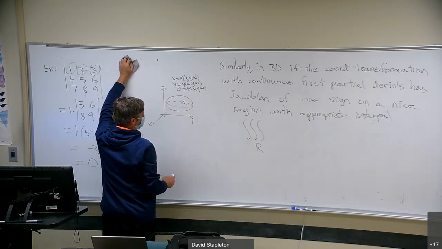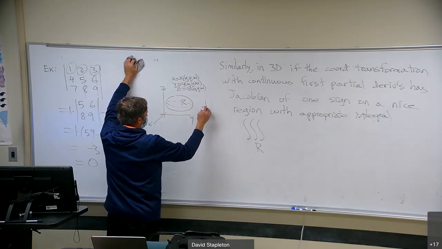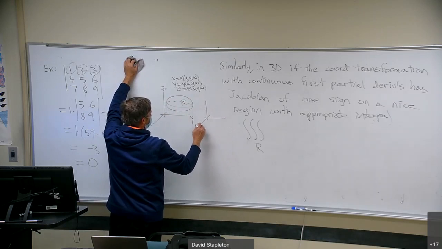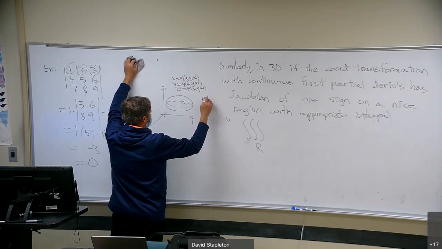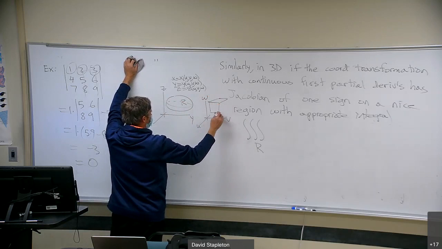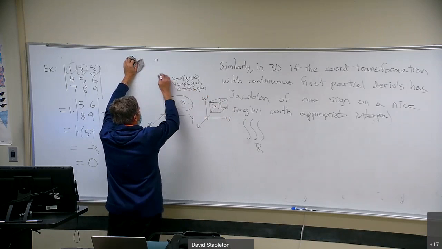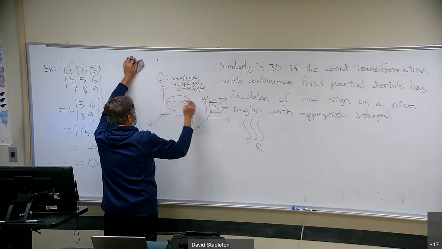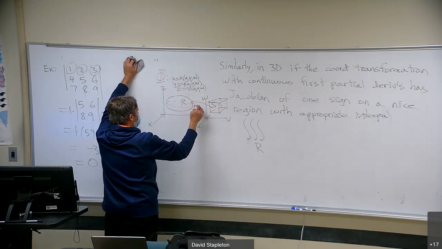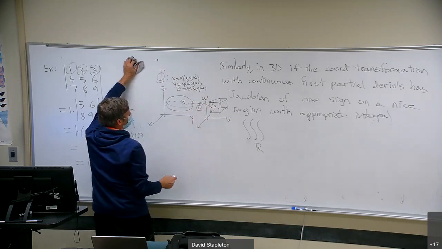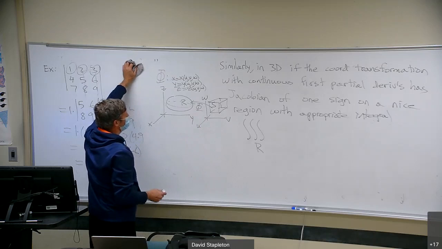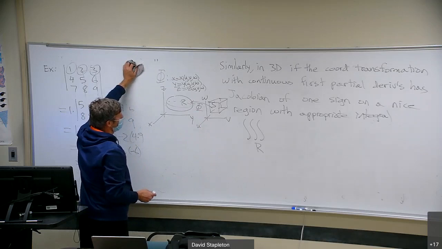I'll call it R again, although the book may change letters for the three-dimensional region. And here's UVW, we'll just give it the same letter S, and maybe some other nicer region over here, maybe a constant endpoint, so it's a rectangular block, who knows. And so you've got this map here, phi, given by some equations, that maps UVW space into XYZ space. That's the idea.